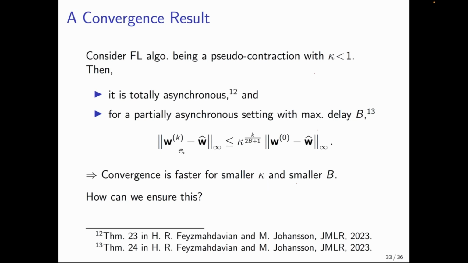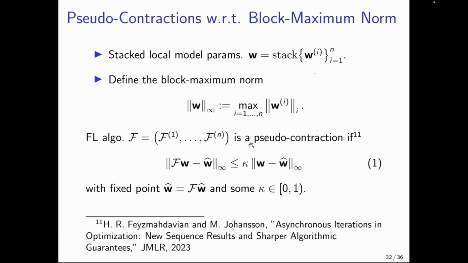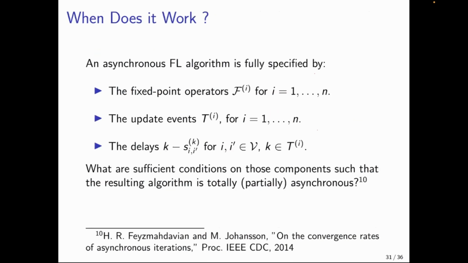Okay, so the question now is, how can we ensure this? It's nice. So we found out that if these fixed point operators are a pseudo contraction, it works. But how can we make sure that it's a pseudo contraction? Well, this is the hard work, where you need to analyze this fixed point operator for your specific choice of local loss functions and edge set in the federated learning network.